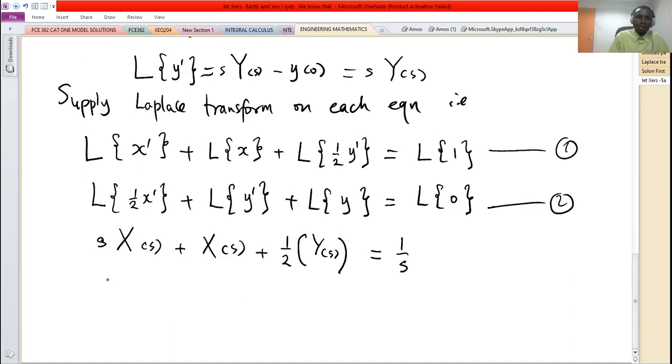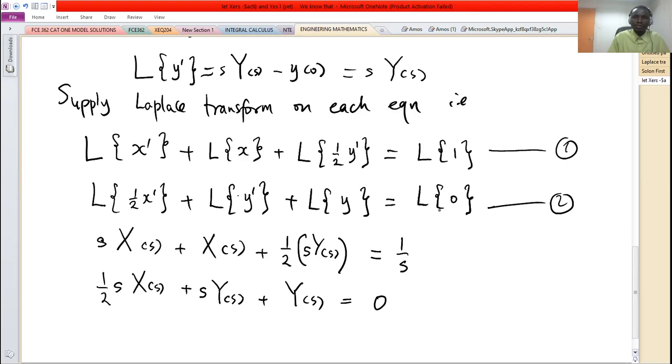And then the other one will have a half s X of s, and then plus s Y of s, and then plus Y of s.